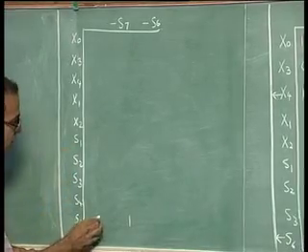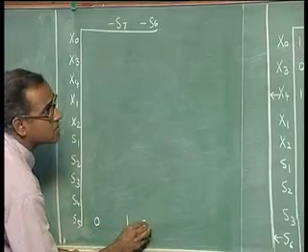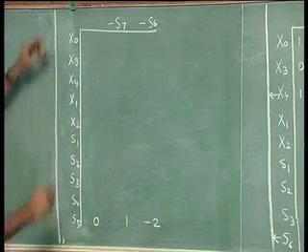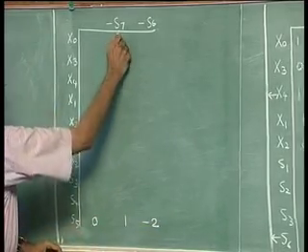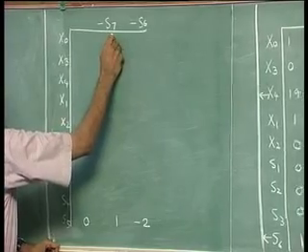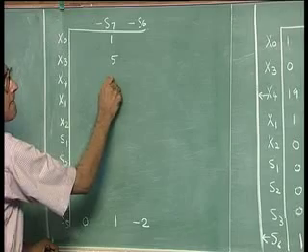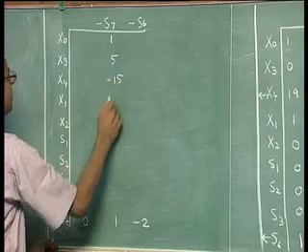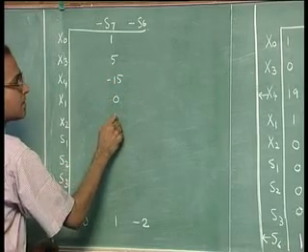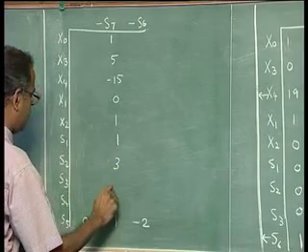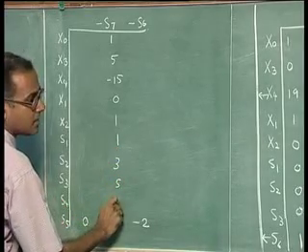So, we get 0 and a minus 2 here. This is divided by negative of the pivot. So, 1 5 minus 15 0 1 1 3 5 and 2.